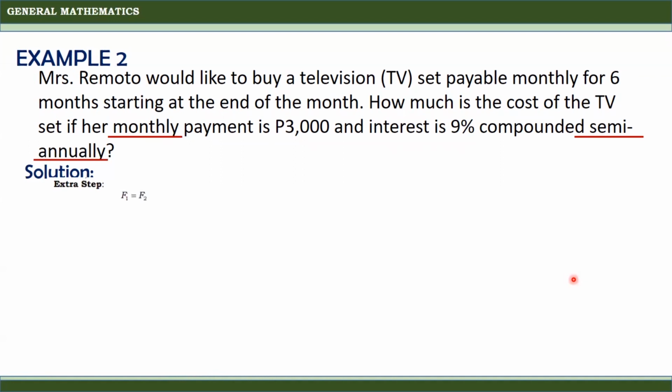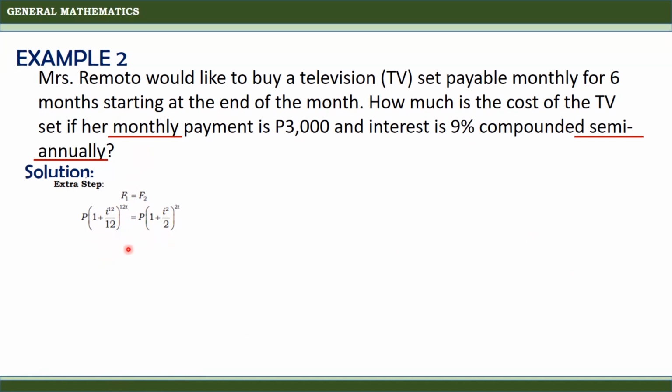With this, let us use the formula F sub 1 equals F sub 2. On the left side of our equation, we will be substituting 12 on our m representing monthly, and on the right side, we will be substituting 2 on our m representing semi-annually.